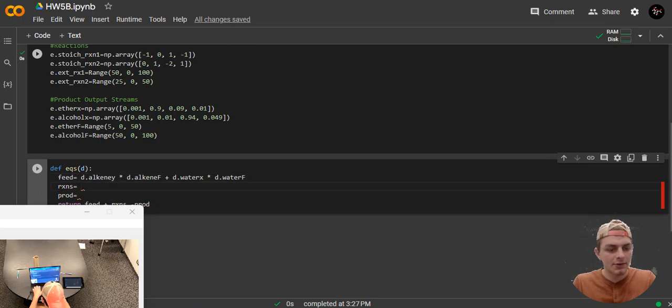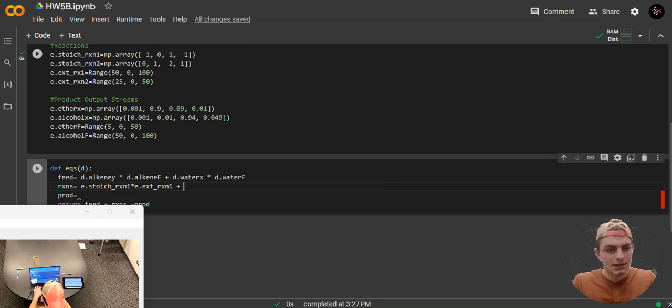As far as our reactions, we said it was going to be our stoichiometry multiplied by our extent. So E dot stoich, reaction 1, multiplied by E dot extent of reaction 1.